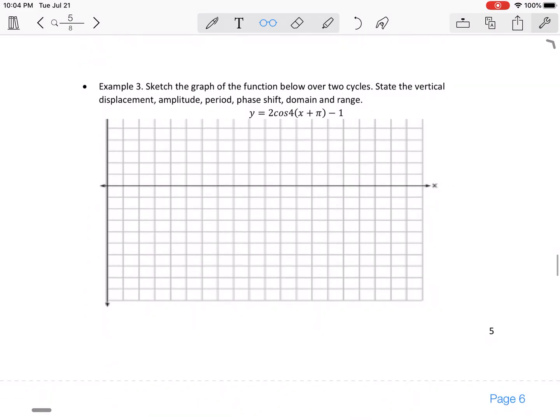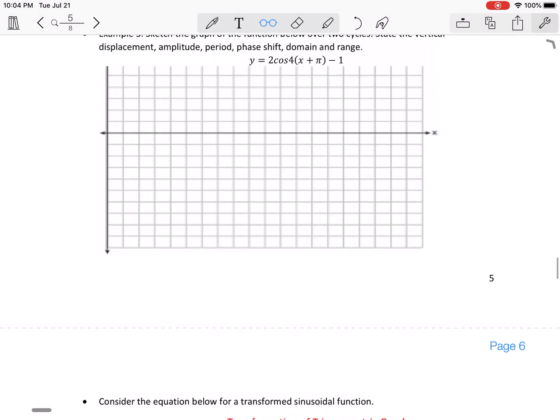Okay, so here let's look at sketch the graph of a function again over 2 cycles. This time it's a cos, and what you notice here, now we've got everything in there. Okay, so we've got the vertical stretch, a horizontal stretch, the phase shift, and the vertical displacement all into that equation. So we can do this in a couple of steps here.